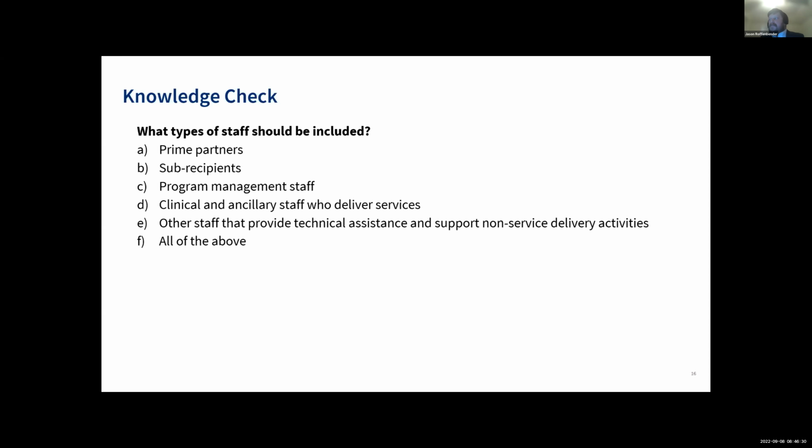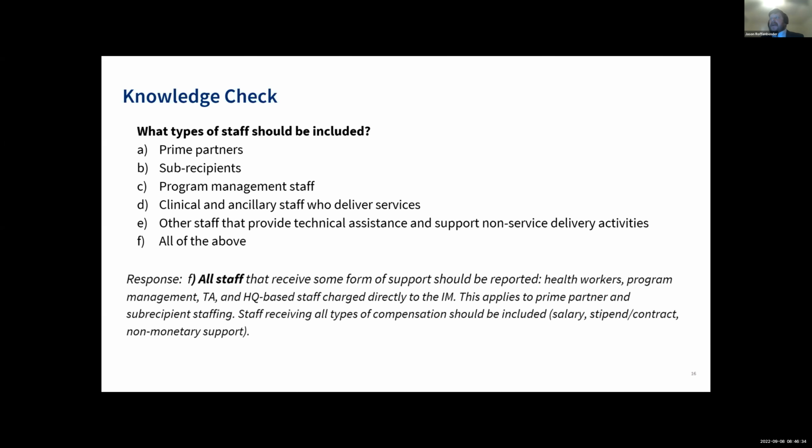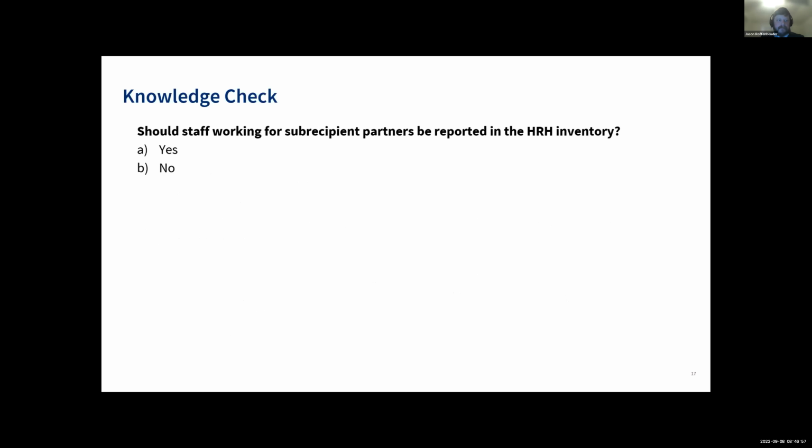Yep, I'm seeing lots of responses with F, all of the above, and that is exactly right. The answer is F. All staff that receive some form of support should be reported. Health workers, program management, TA, HQ-based staff charged directly to the IM. It applies to prime partners and subrecipient staffing. Staff receiving all types of compensation, salary, stipend, contract, non-monetary support, all should be reported.